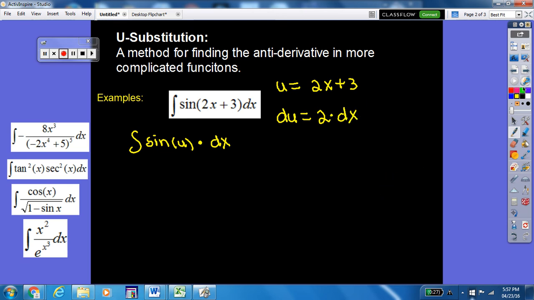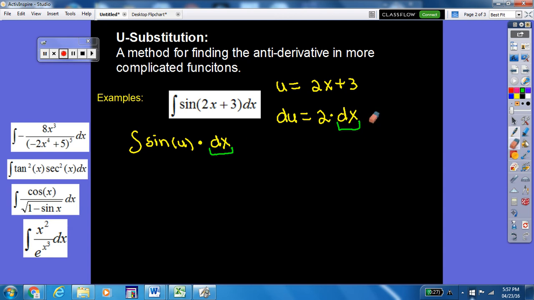Now you'll notice here that I have a du, which is good. I'm going to be able to have the same u in sine and in du. But this dx is not a 2dx, and here I have a 2dx. So I can't just do a straight-up substitution, because they're not the same exact thing.